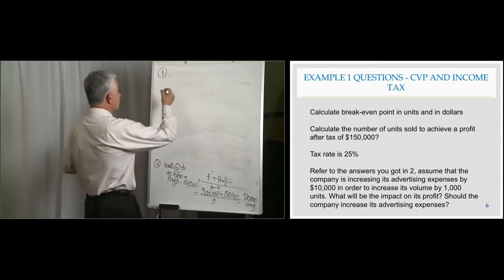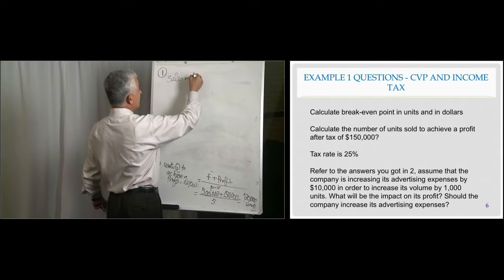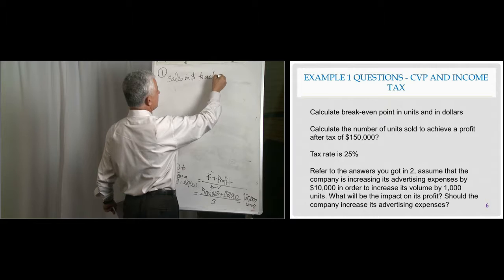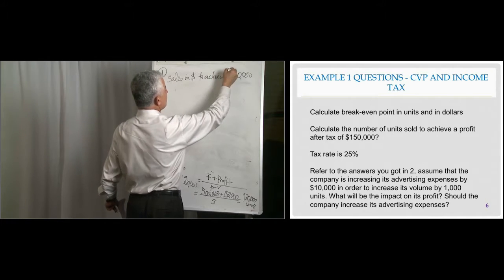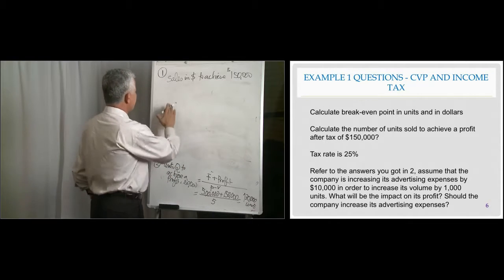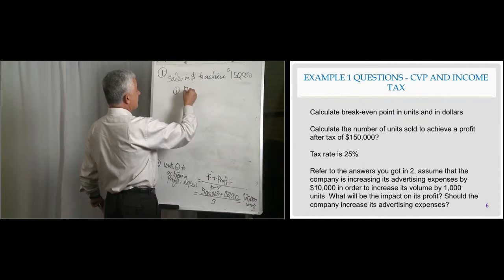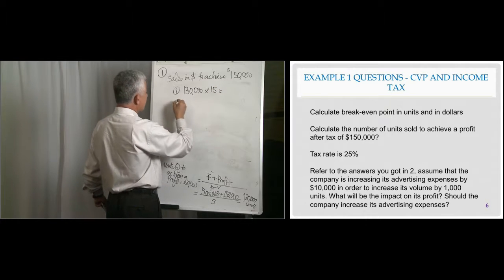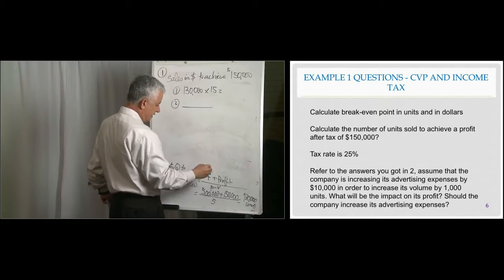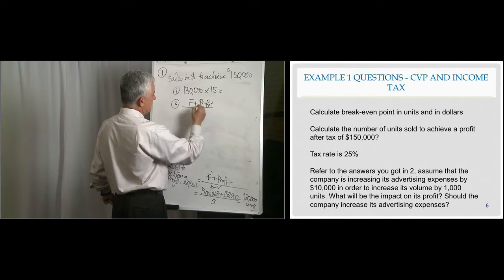Sales in dollars to achieve $150,000. Two methods are available here. First, just use the number of physical units and multiply by 15. Or second, divide the fixed cost plus the profit by the contribution margin ratio.